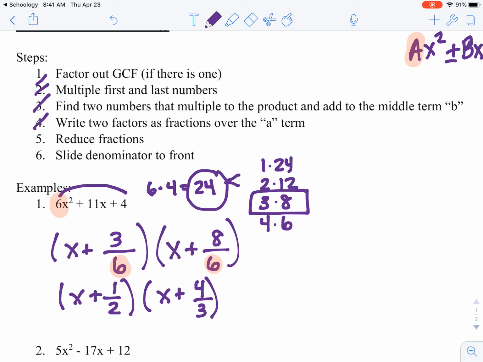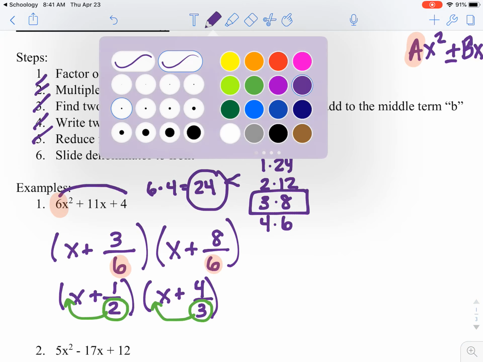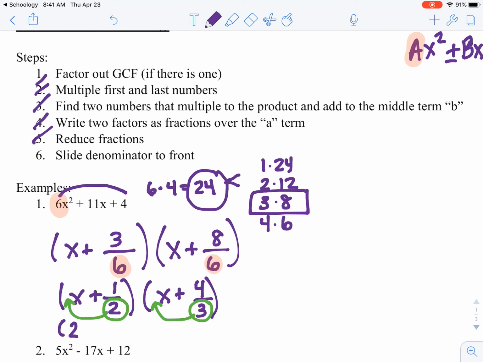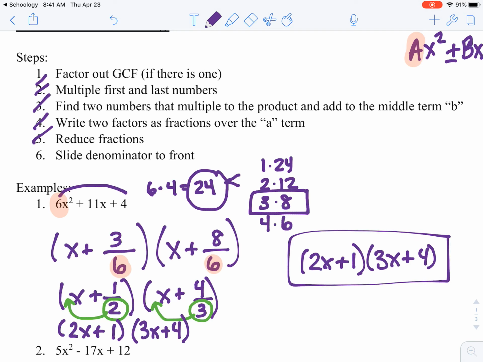Both fractions were able to be reduced. Now I'm going to slide the denominator to the front. The denominator is this bottom value. So we're going to slide those to the front to get our final factor. So 2x plus 1 times 3x plus 4. I'm going to write that over here so it's a little bit easier to see. And that is our factor for this example.